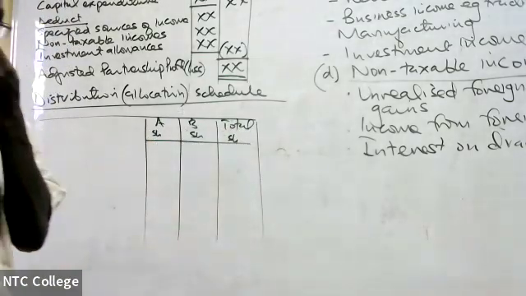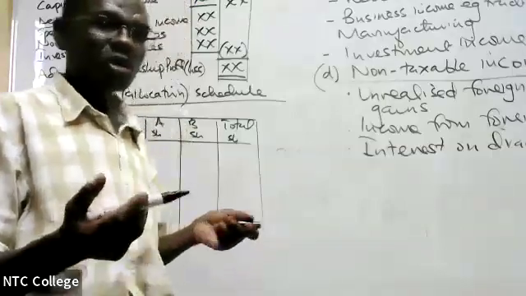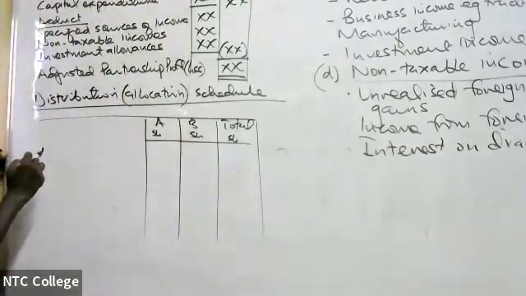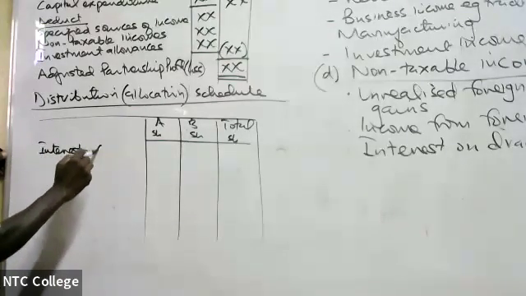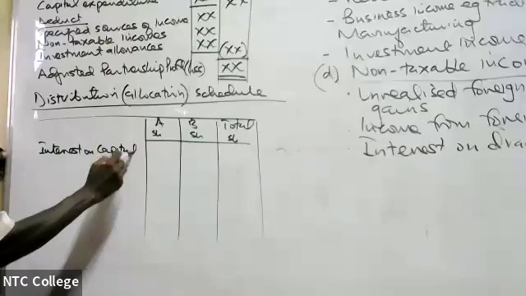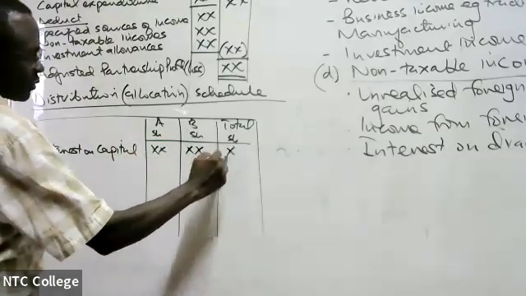So you'll distribute or allocate anything they have been paid or what they have received, like interest on their capital contribution, so A, B, total.